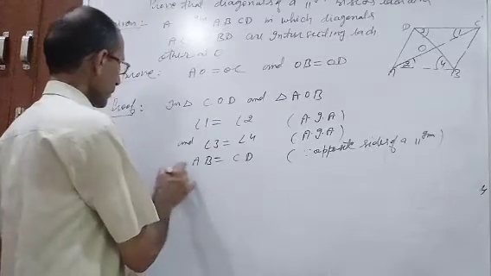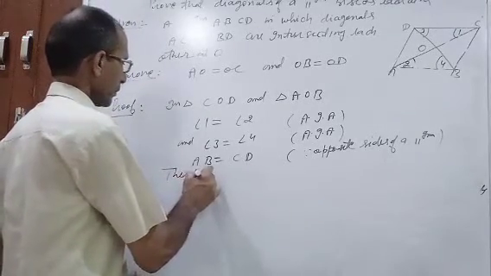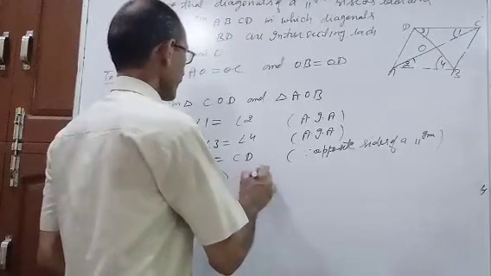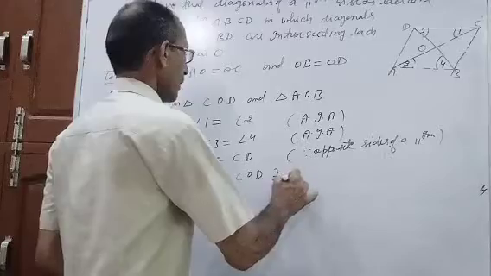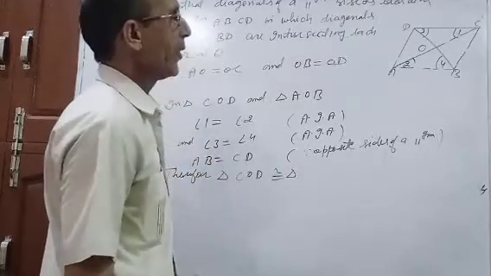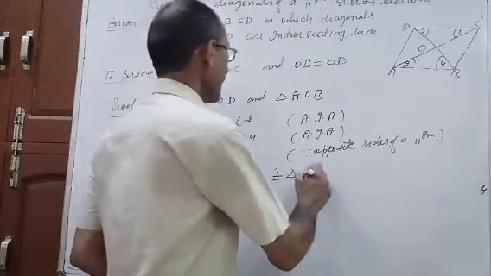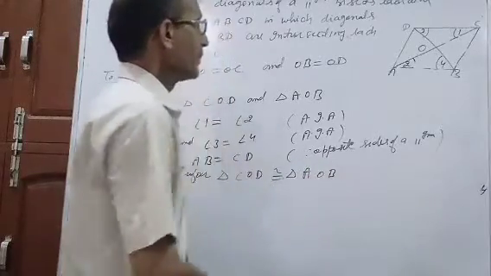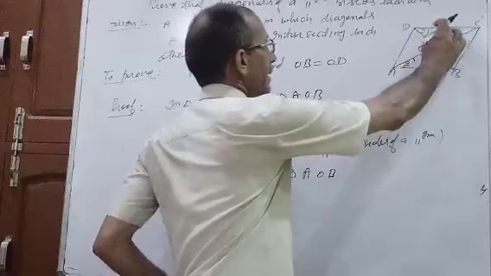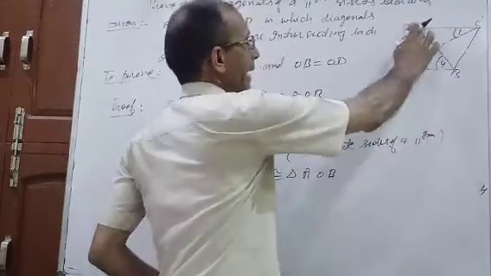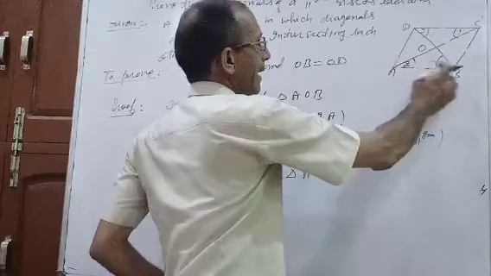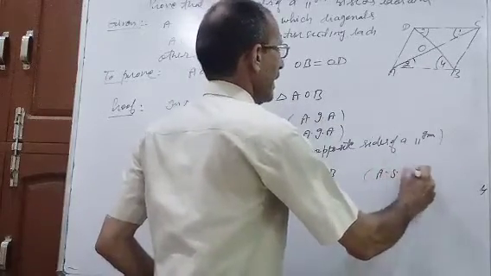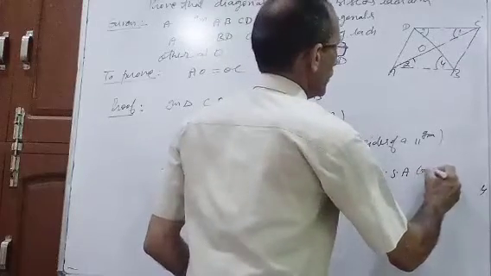Therefore, triangle COD is congruent to triangle AOB. Reason: angle side angle. So the angle side angle congruency rule.